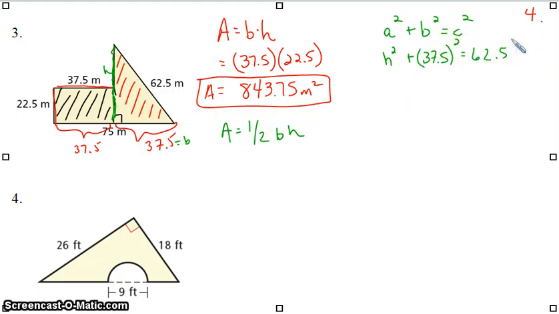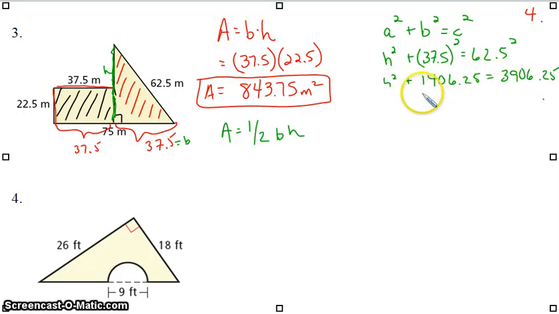Okay, so 37.5 squared is 1406.25 equals, we gotta square that, 62.5 squared is, sorry, let me just erase that, 3906.25. This is plus h squared.